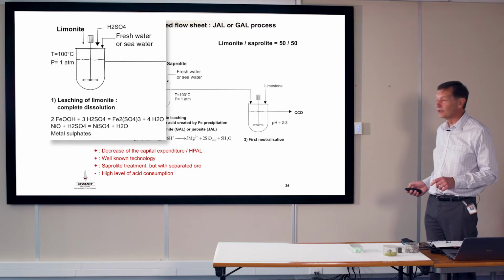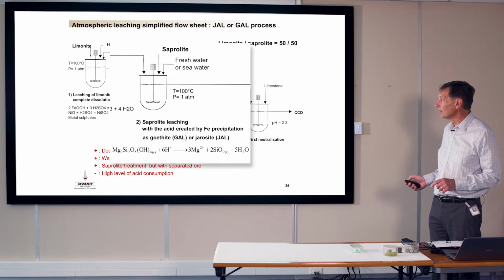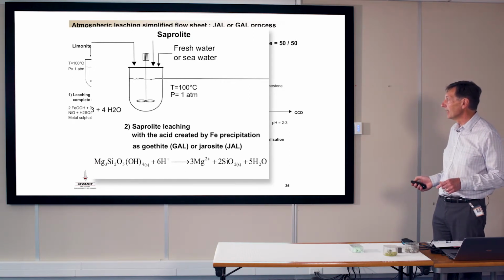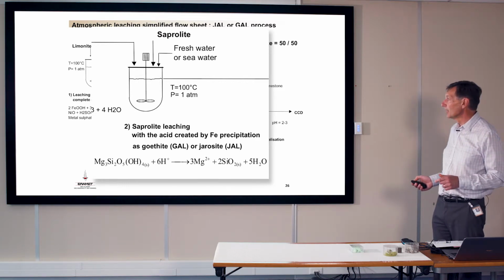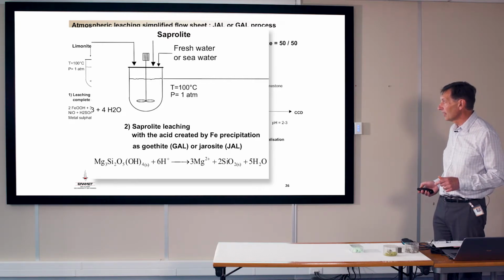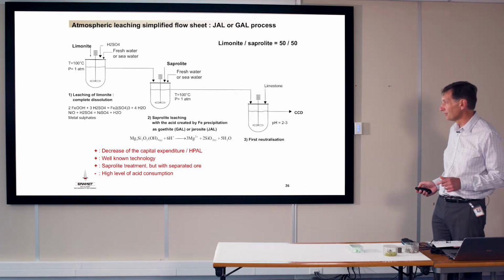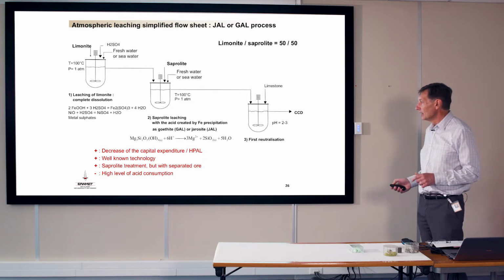You dissolve also the nickel, and you decrease the acidity, you increase the pH by adding saprolite, and by adding saprolite you create conditions where you can reprecipitate the iron as goethite if you use fresh water, or as jarosite if you use seawater. And after that you have neutralization.